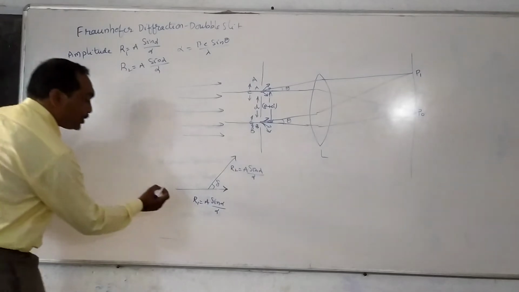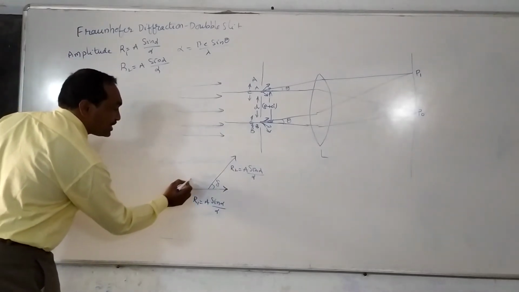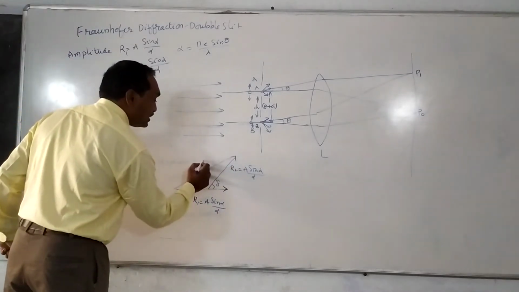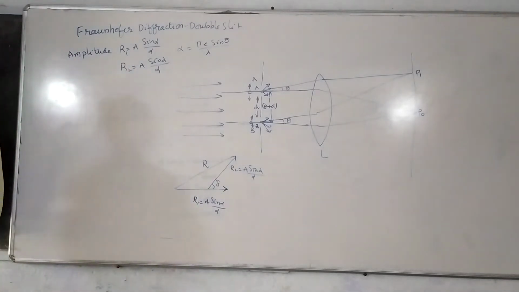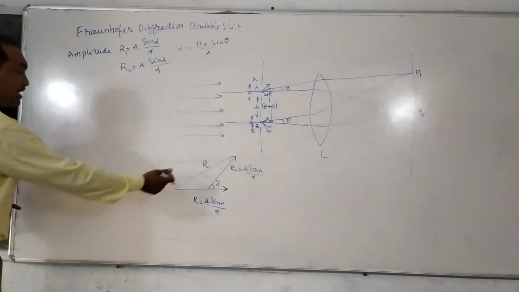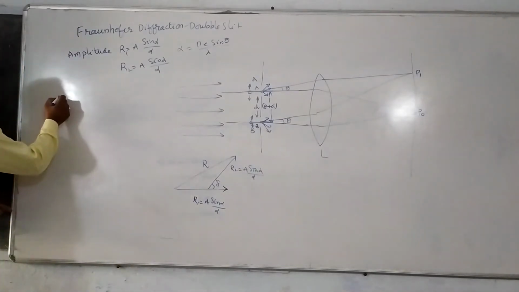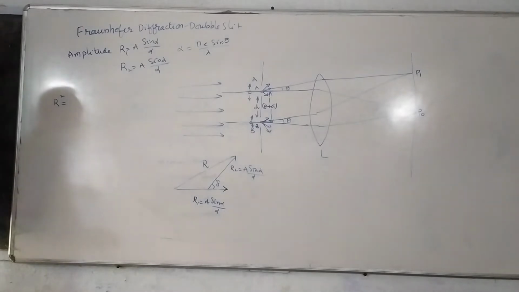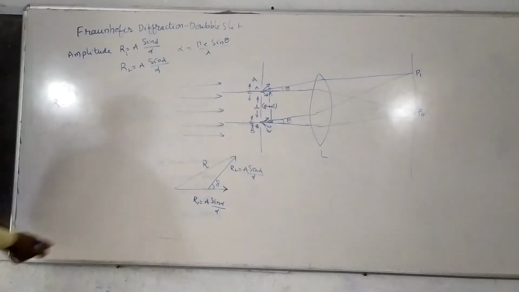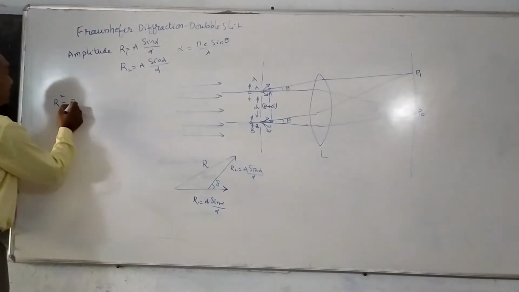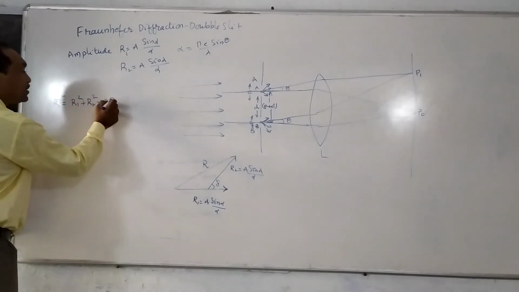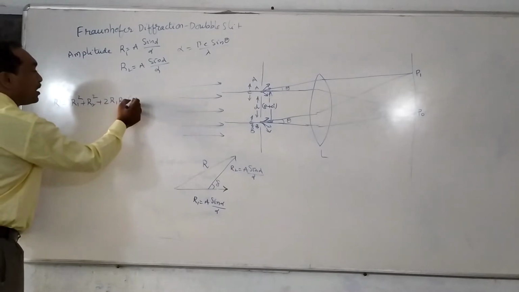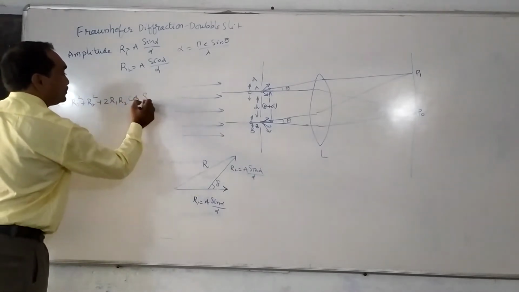Now the resultant amplitude is from this point to this point. When we draw a line, this is called the resultant amplitude. How can we calculate it? According to the cosine law, R square is equal to R1 square plus R2 square plus 2 R1 R2 cos delta.